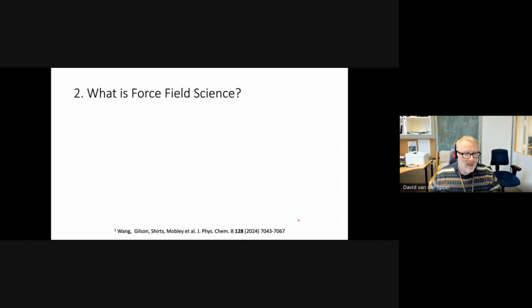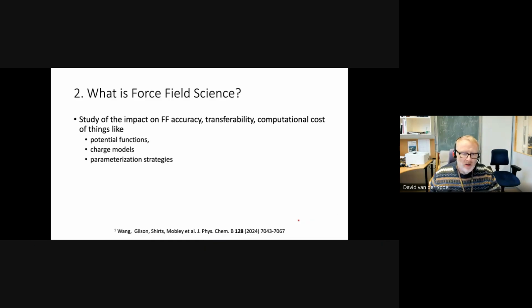All right, so let's move on to force field science. The term comes from a paper by the Open Force Field Group, led by David Mobley, Michael Gilson, and others, where they describe the progress in their force field project.